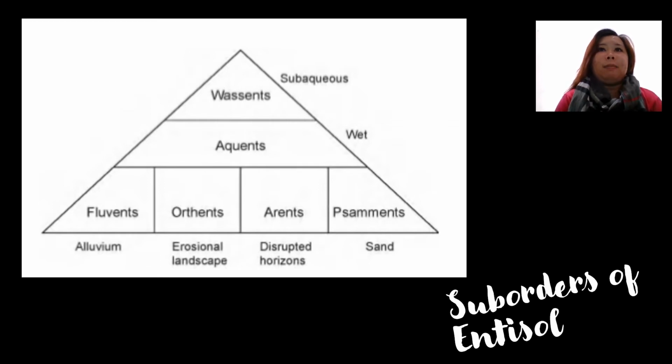And emphasis is divided between the permanent inundation by water, that is the wassents, subaqueous soils, near surface saturation, which is the aquents, the wet soils, those having sandy texture, such as the psamments, those whose formation is in recent stratified alluvial sediments, those are fluvents, and a virtual lack of horizon formation, mostly in areas of young erosional surfaces such as the orthents.